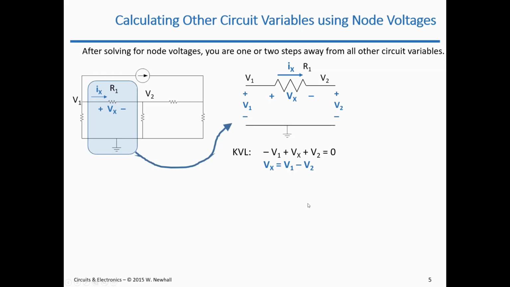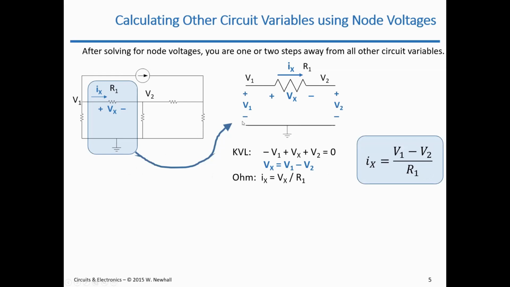We can use this with Ohm's law to figure out what Ix is. So Ix is equal to Vx over R1, which is (V1 minus V2) over R1. I put a rectangle around this because it's important. This is what you're going to use for node voltage analysis when writing your equations.